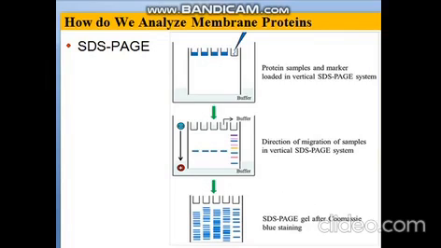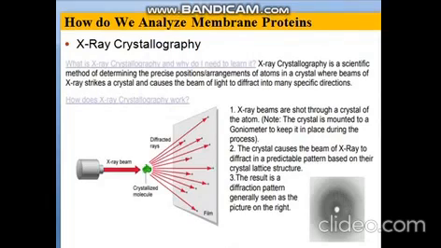And then another technique is known as X-ray crystallography. This is a very advanced technique, and it is also very difficult. What we do here is use an X-ray beam, and that X-ray beam is bombarded on the crystallized molecule. To make this crystal is very, very difficult. Once you have the crystal, it can give different projections, different diffracted responses on the X-ray plate.